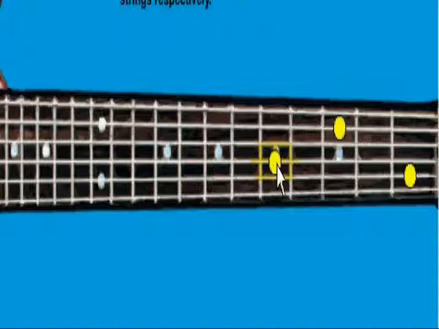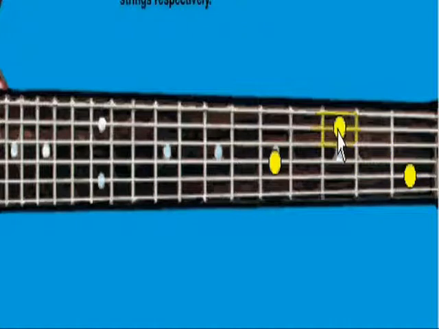You've got to be able to remember that in between these two notes right here are unison. In other words, they're the same note. Okay, if that's C, this is also C, and this is also C as well.